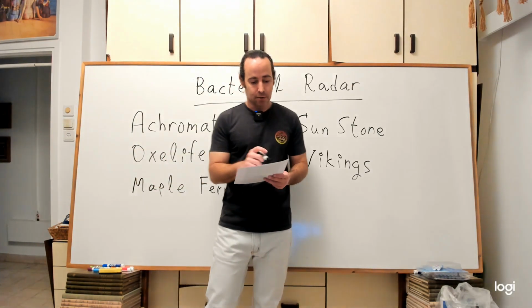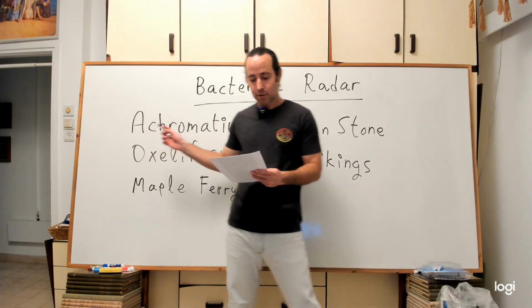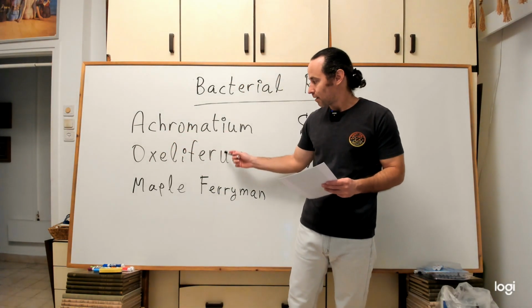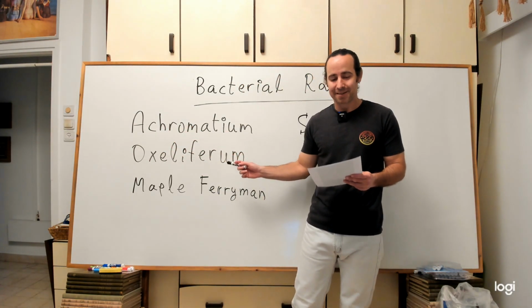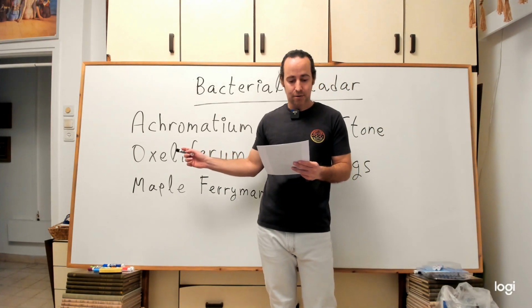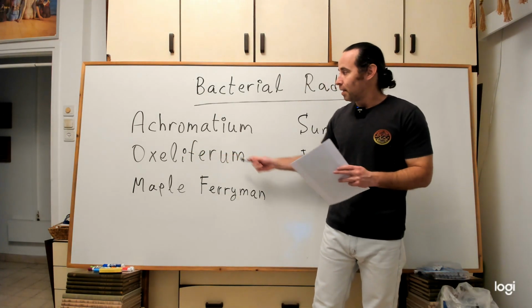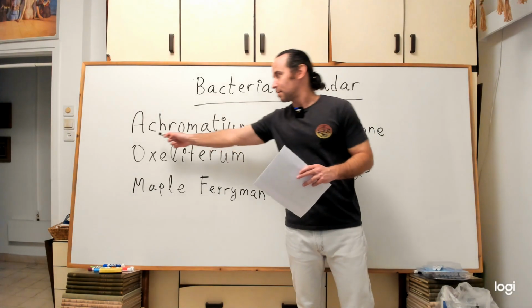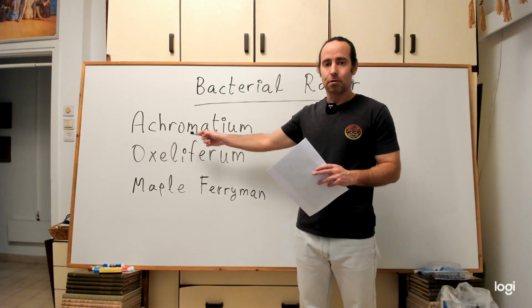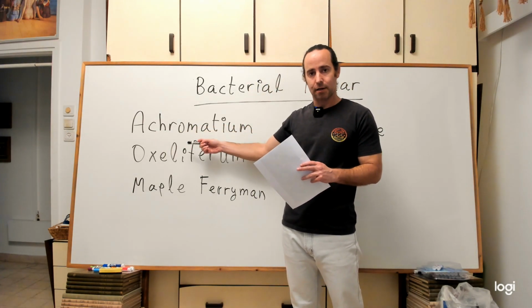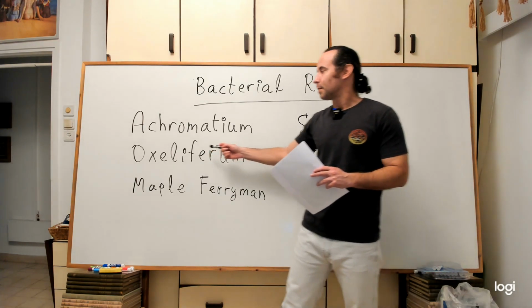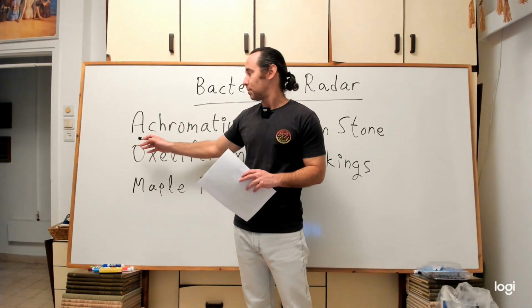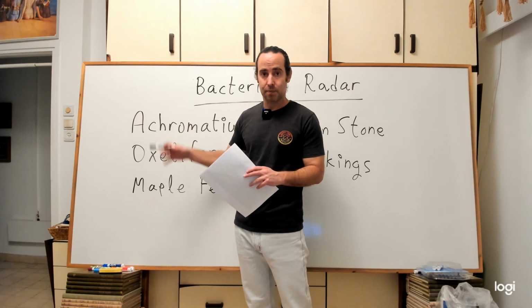Achromatium oxaliferum, sorry. Achromatium oxaliferum. Achromatium means not color. Chrom is like a color in Latin, and a means not, so it's not colored, so it's like transparent.